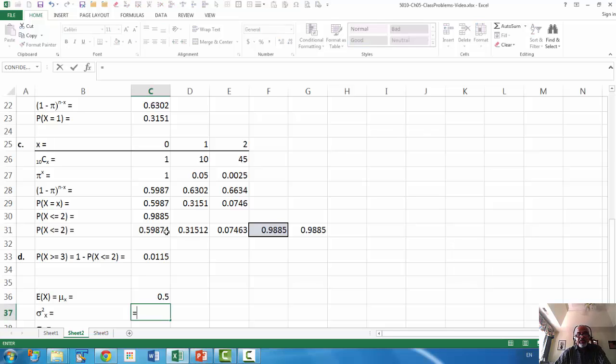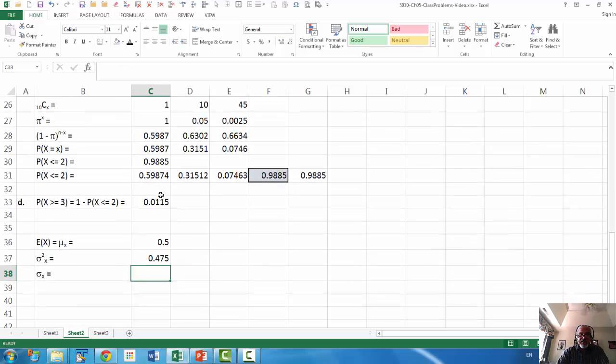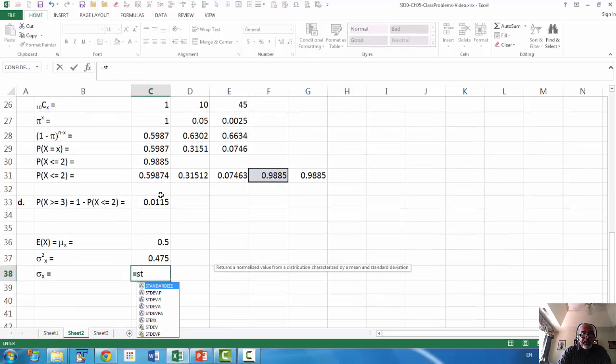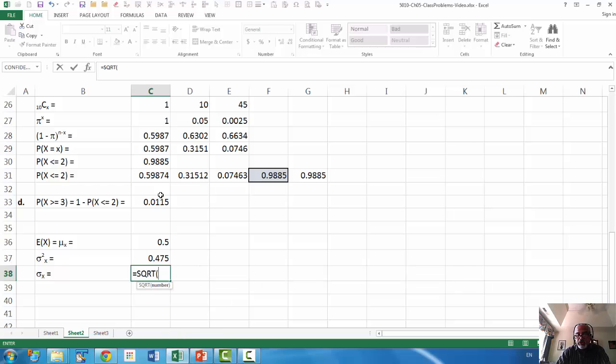The variance is n times pi times 1 minus pi. That's the variance. When you take the standard deviation, you need to do a square root of that. So that's binomial probability.